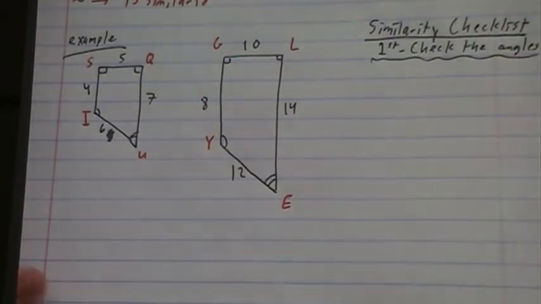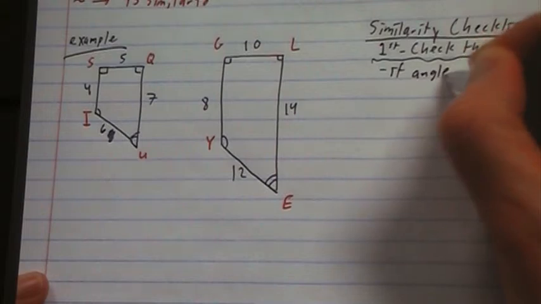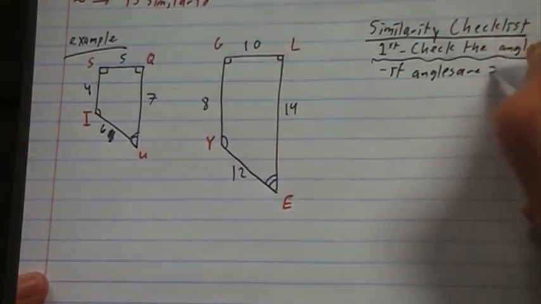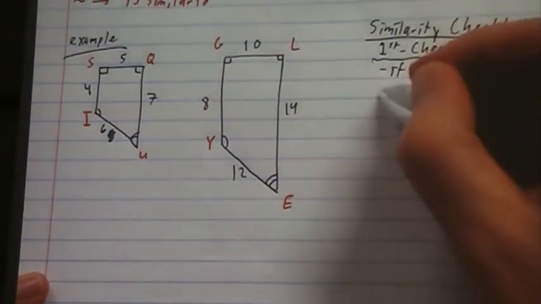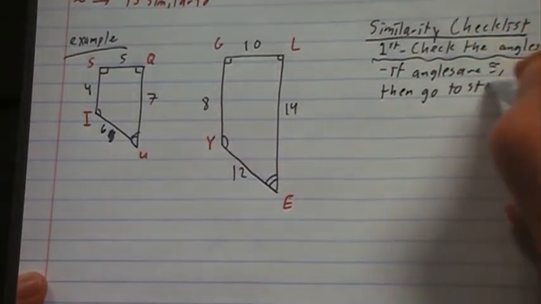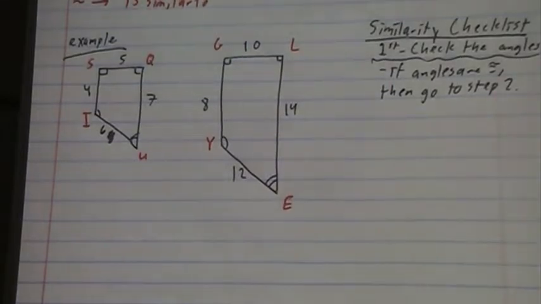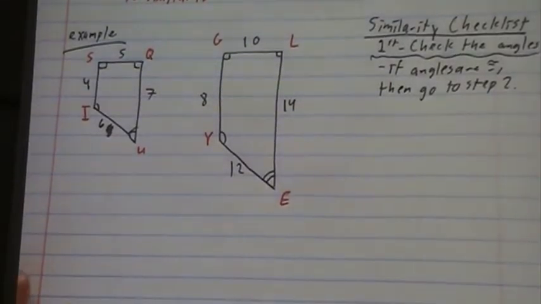If the angles are congruent, then go to step 2. If they're not congruent, you're done, not similar. So the first requirement for similar polygons is the angles have to be congruent.